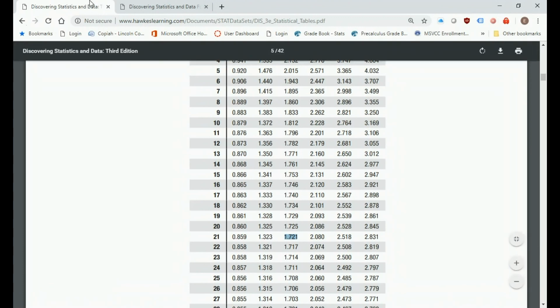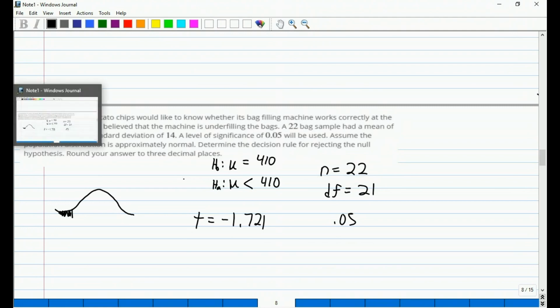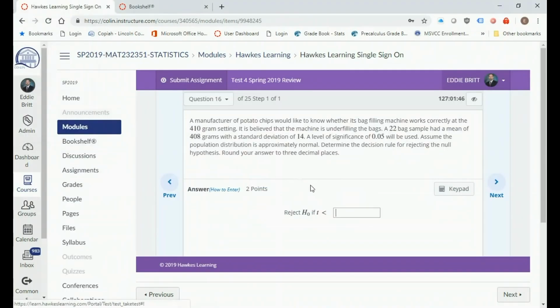But since it's left-tailed, I have to make it negative. So my critical t value is negative 1.721. So that means we would reject H sub 0 if our test statistic is less than negative 1.721, though of course we would need to know the test statistic.